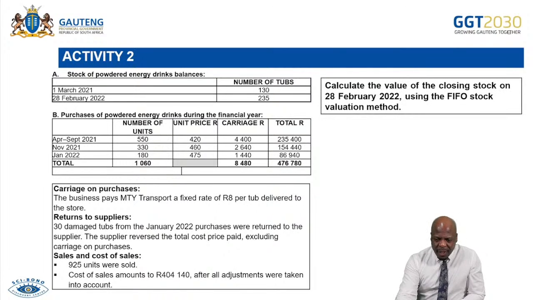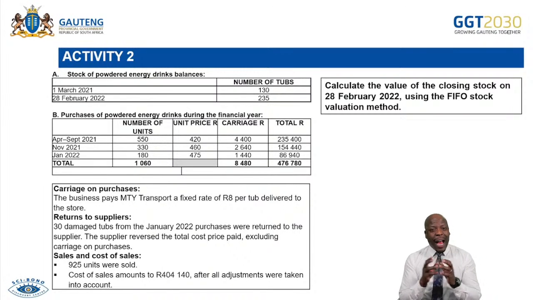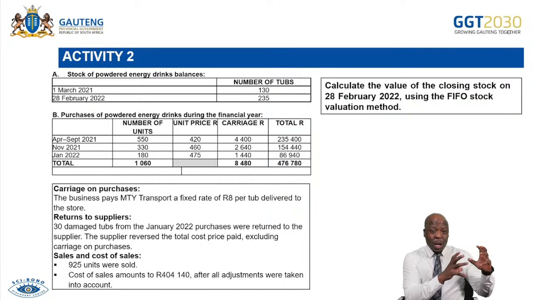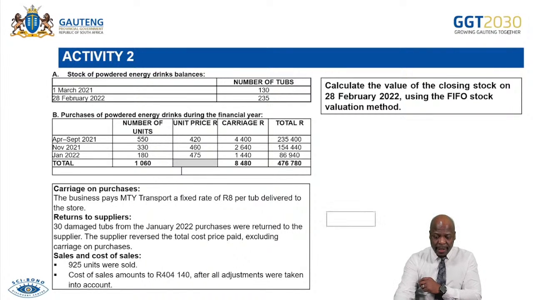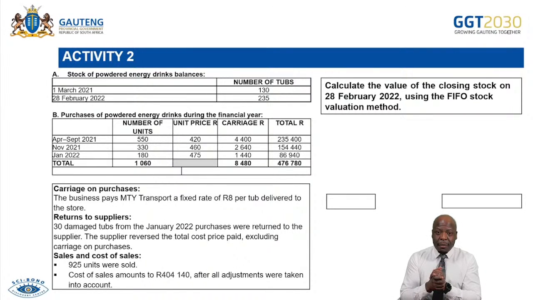Question number 1. Calculate the value of closing stock on 28 February using the first in, first out stock valuation method. So you remember what we did earlier on. I had those 2 blocks such that you can just know this is what we're looking for in units and this is the answer in rands. There they are.